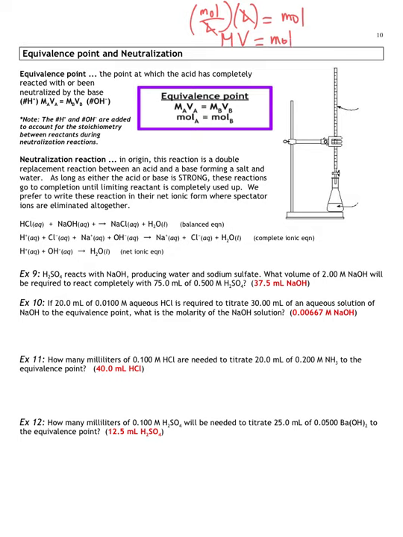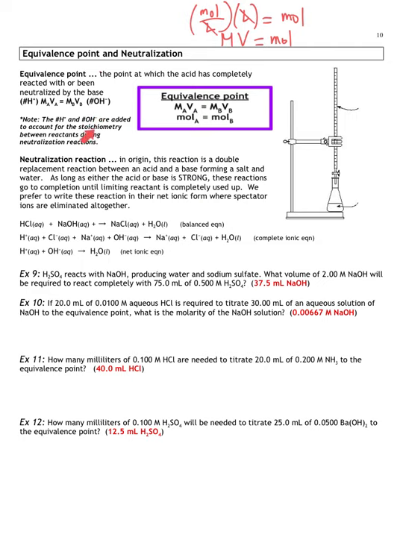Now, of course, I like to add the stoich into this equation so I don't have to do stoichiometry. And how I add the stoich into this equation is to account for the neutralization depending on if the acid is monoprotic, diprotic, or triprotic, or if the base is monobasic, dibasic, or tribasic.